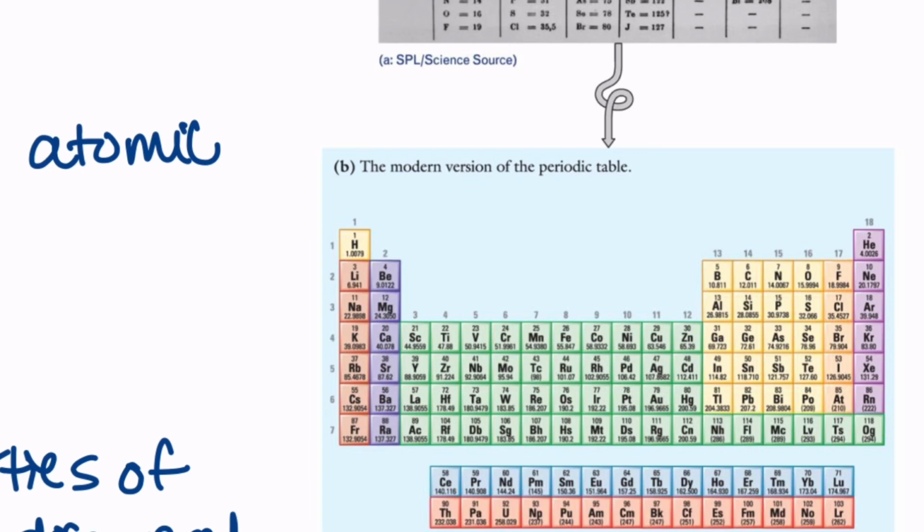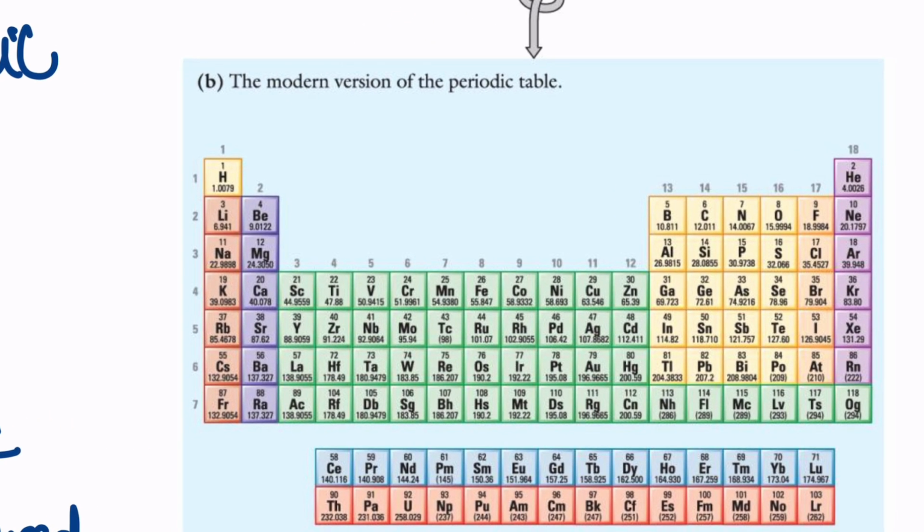Now, when you are looking at the periodic table, it is going to be arranged by what are called groups. Groups are the columns, and then we have the rows, and those are the periods.